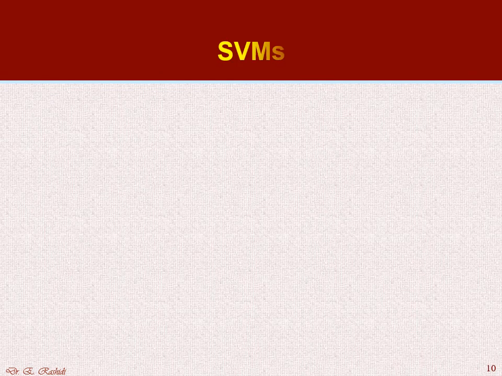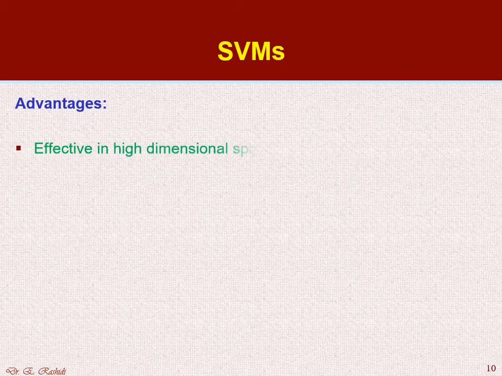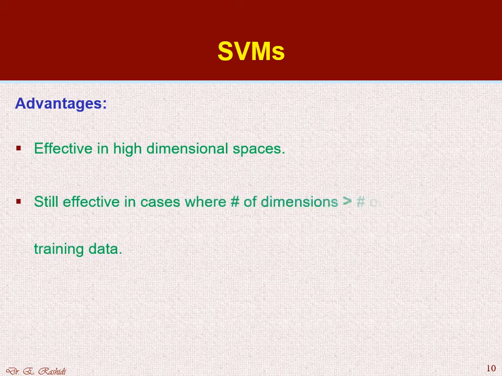Let's now see the advantages and disadvantages of the support vector machines algorithms, starting with the advantages of the algorithm. The SVM algorithms are effective in high-dimensional spaces. That means that if you have a lot of features, this is going to be probably a good choice. It is still effective in cases where the number of dimensions is greater than the number of samples in your training data.